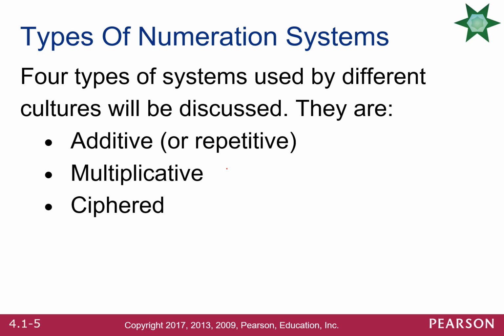Then we have a ciphered system, and finally we have the place value system. So we will spend time and we will talk about some of the ancient systems which used these rules, and we'll also work on how we calculate the numbers from the numerals or from the pattern of the numerals using these different systems.